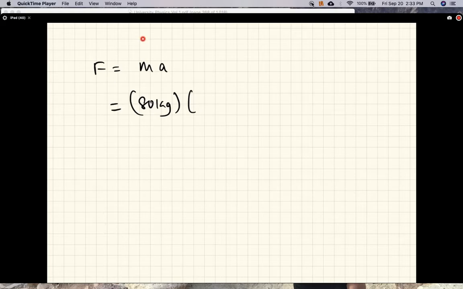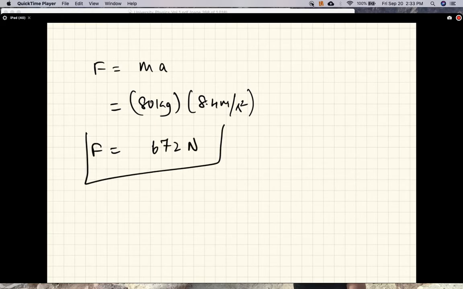We know that the acceleration direction is toward the left, so the acceleration is 8.4 meters per second squared. So this is 672 newtons. So that's the force that the seat belt exerts on the passenger.